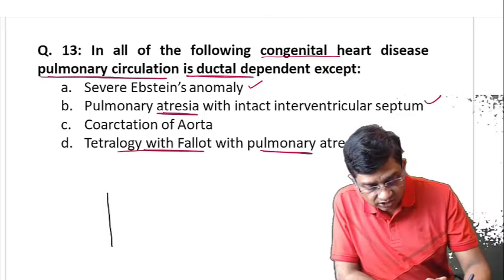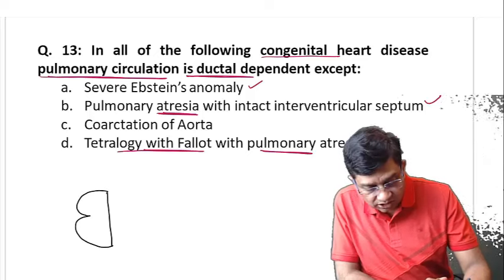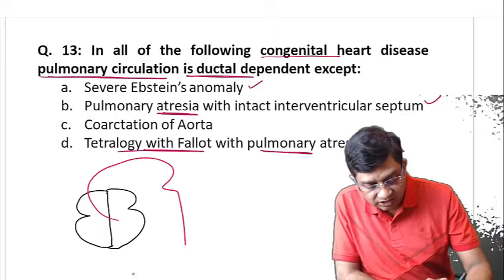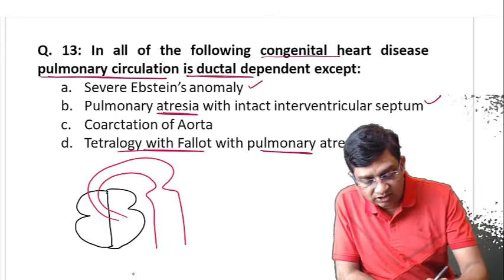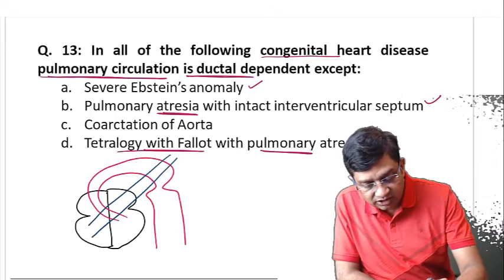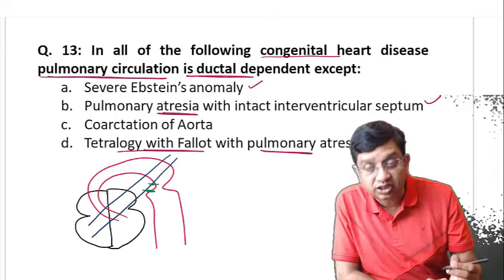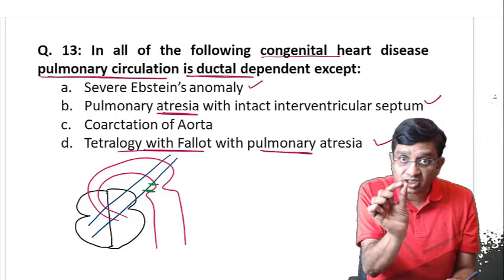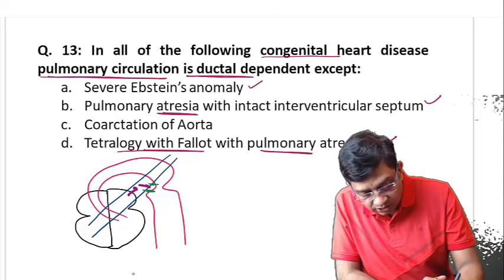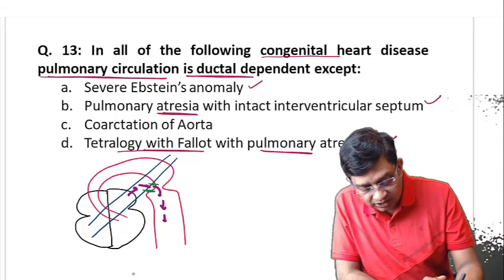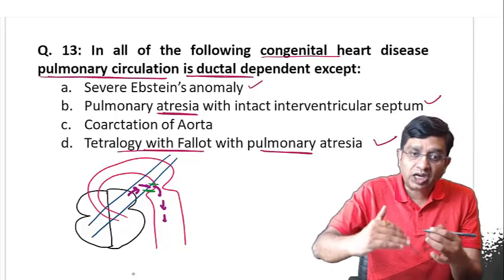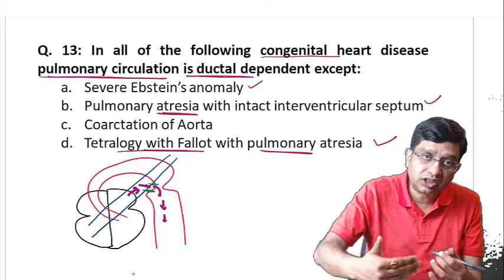In coarctation, let us suppose this is the heart here, this is the aorta like this, here is the pulmonary artery, and this is the ductus arteriosus in green color. If the coarctation is very narrow, very severe, then the lower portion of the aorta is getting the blood like this, through the ductus arteriosus.